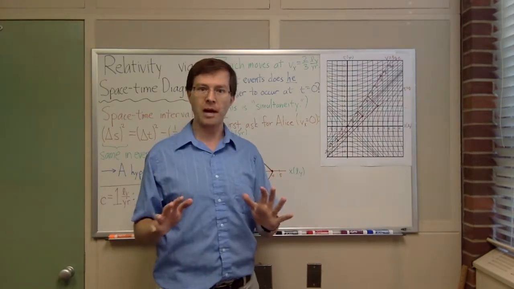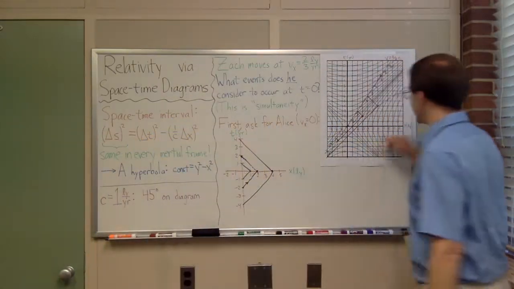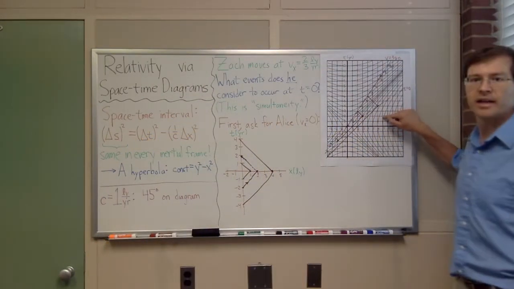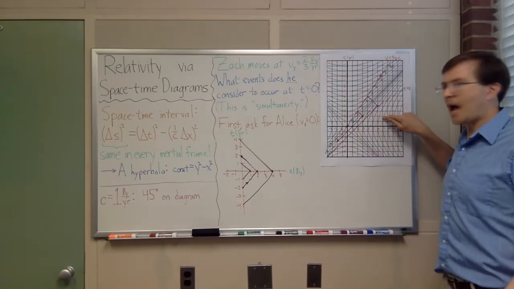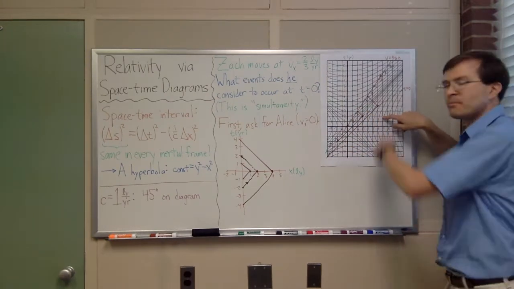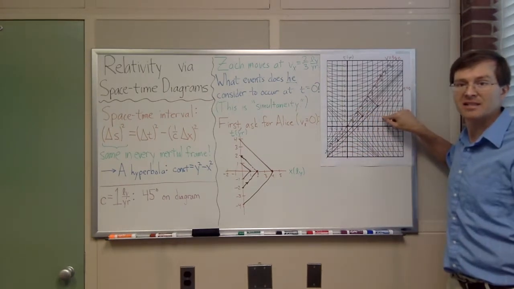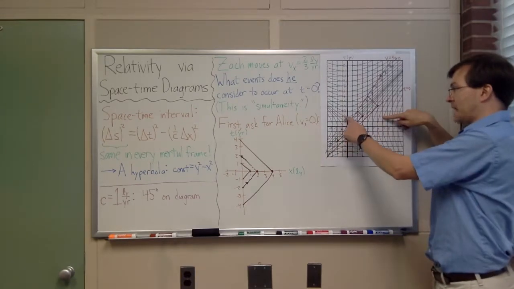It means, for example, that if Zach and Alice have a friend, Murray, and Murray has a birthday party at this event right here, did that happen after Zach passed by Alice? Or did that birthday party happen before Zach passed by Alice? Alice would clearly say it happened 2 years later, because Alice's time equals 2.